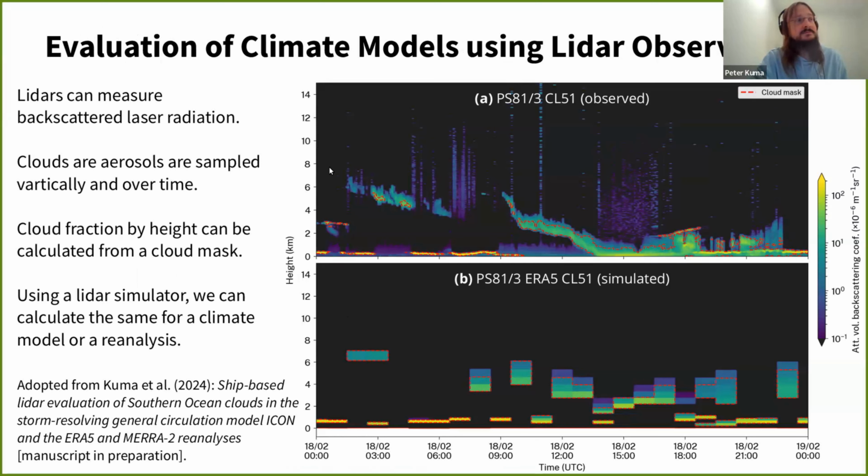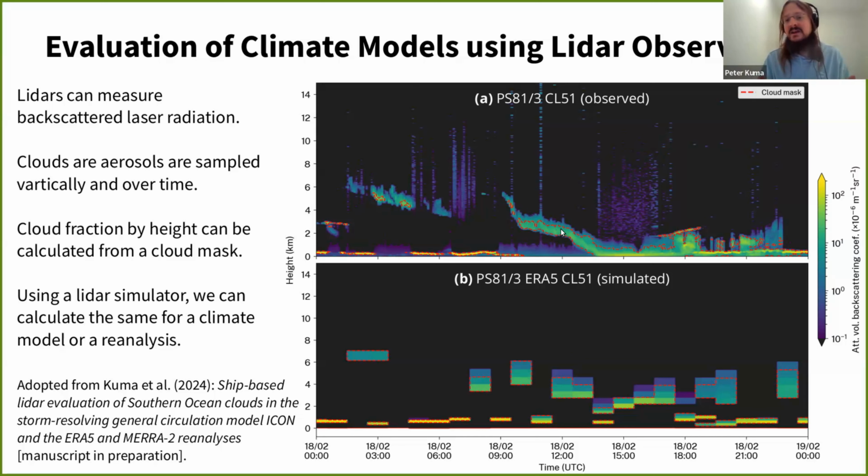And so here, this is just the measurement from the ceilometer. So the ceilometer can measure cloud structure. So this is backscattered laser radiation. And so the more backscattered laser radiation we get, the denser the thing in the atmosphere is.